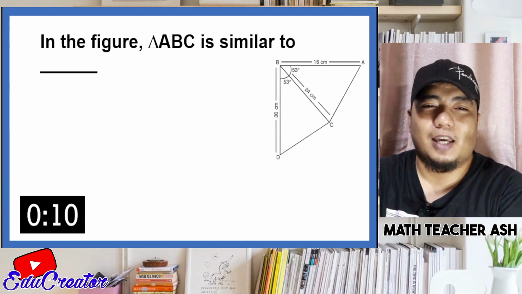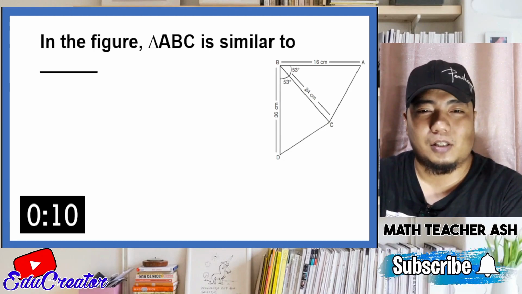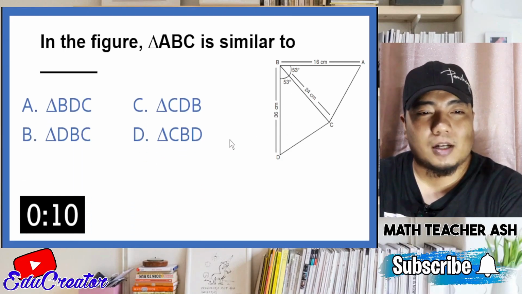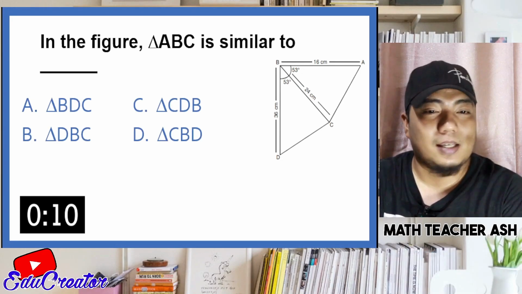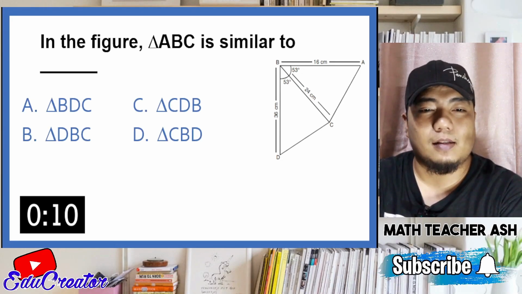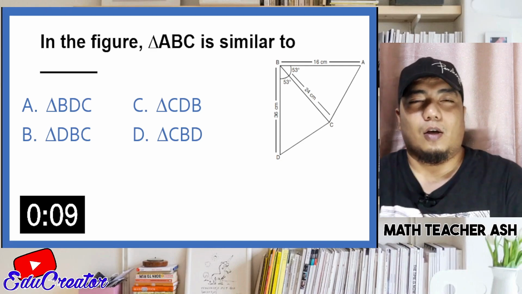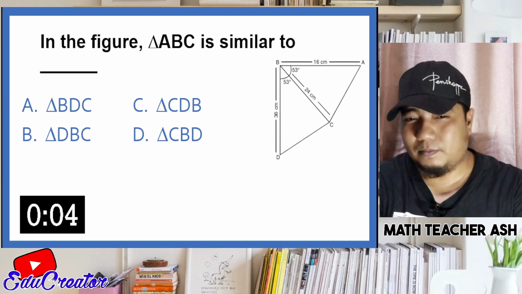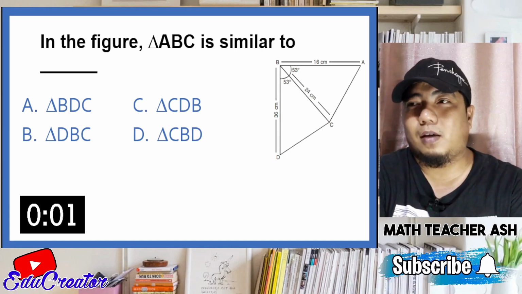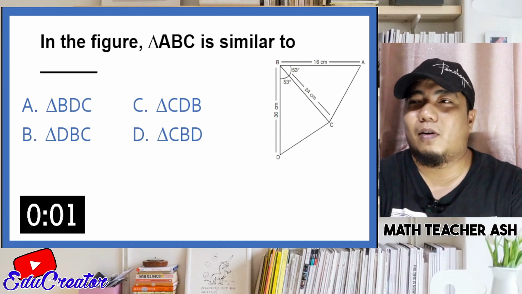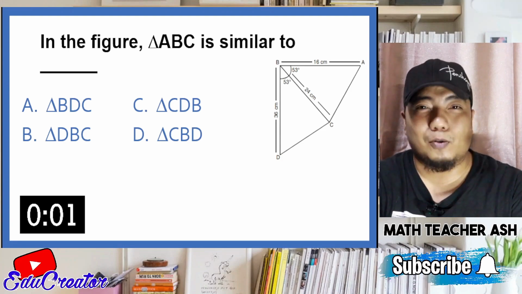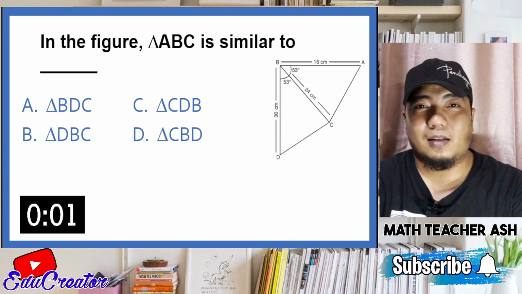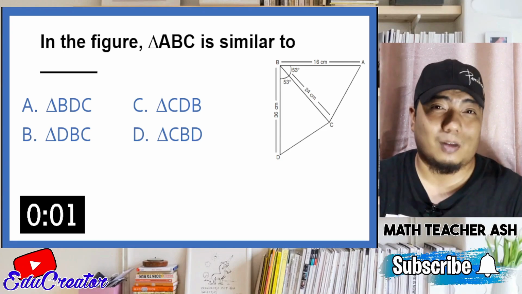In the figure, triangle ABC is similar to, okay, so this is our figure, my dear math learners. Is it A, triangle BDC, B, triangle DBC, C, triangle CDB, or D, triangle CBD? Okay, my dear math learners, 10 seconds for that question. Basically, as you know, you may be skeptical and confused that however you name a triangle, it is still the same as long as they are connected with each other.